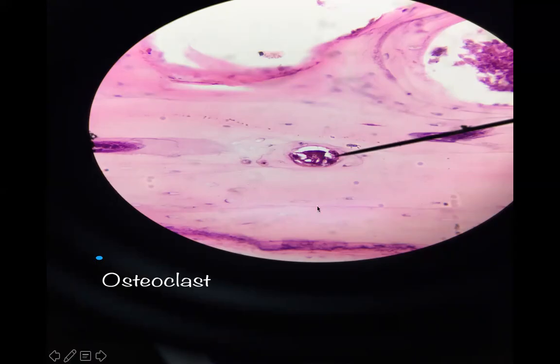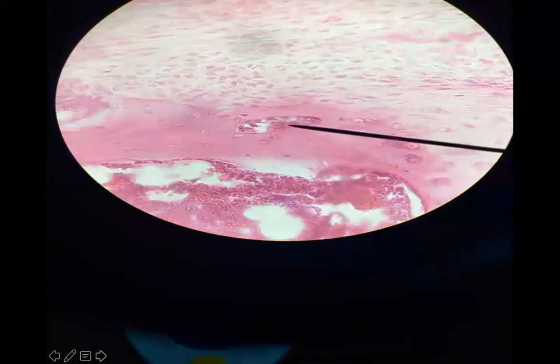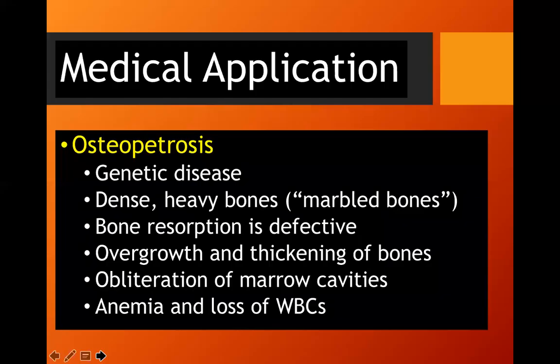What's the function of the cell pointed? Bone resorption. This is another laboratory picture where your osteoclast, a multinucleated giant cell, is found inside the bone matrix.